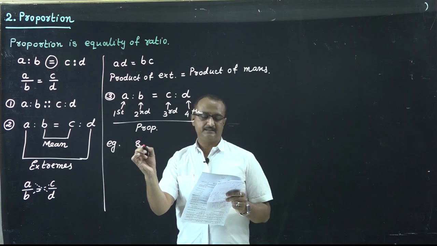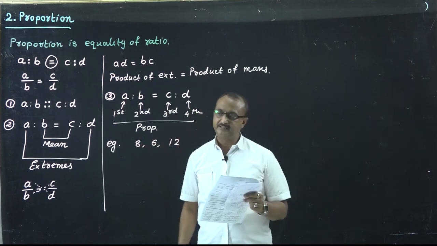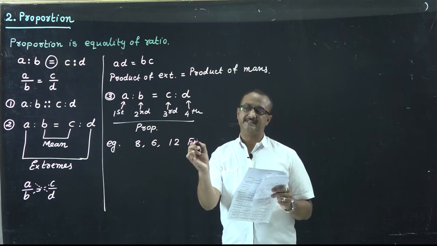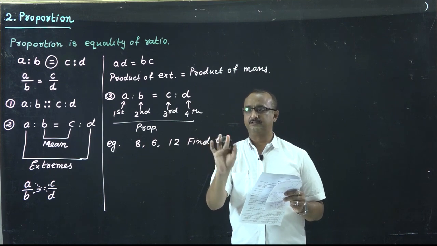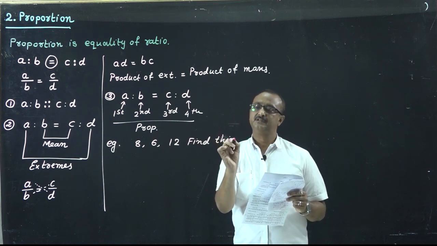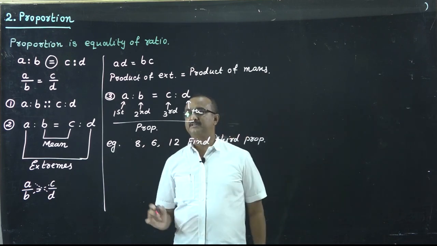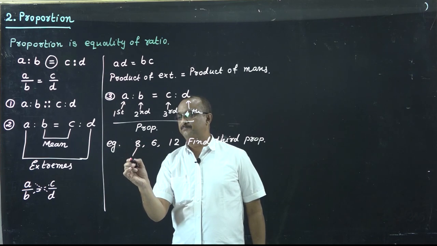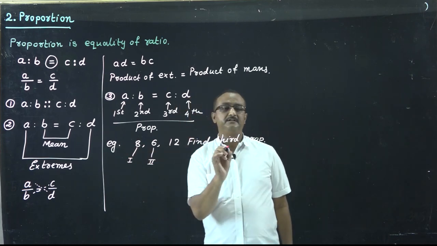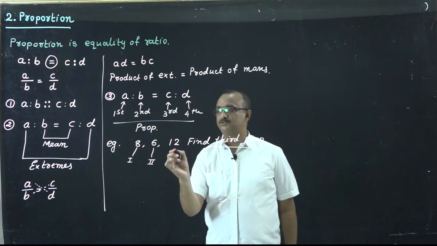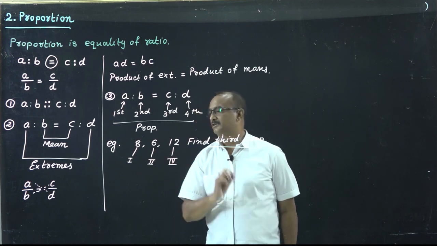If 8, 6 and 12 are three terms, and the question is asking to find the third proportional. See, this is the first term, this is the second term. The third term we have to find, so it is called third proportional.